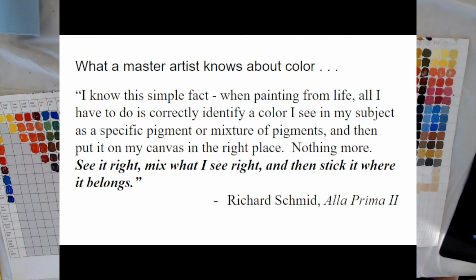He wrote this great book called Alla Prima, and Alla Prima 2 is the book that I have, and I'll try to bring that in for you guys to look at, because it's a really, really great book. I would call it one of the painting Bibles, and I believe that every artist should have that book in their collection of books. Blue and Yellow Don't Make Green is another great technical book. Now this book, Alla Prima 2, explains a lot. There is a lot of technical information in there, but it's not a step-by-step how-to.